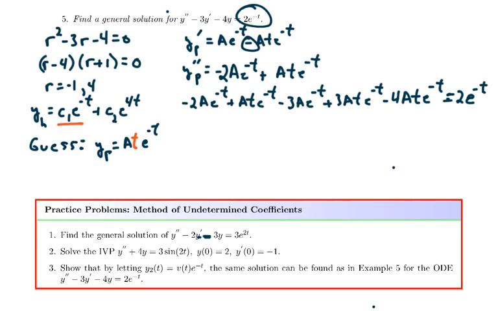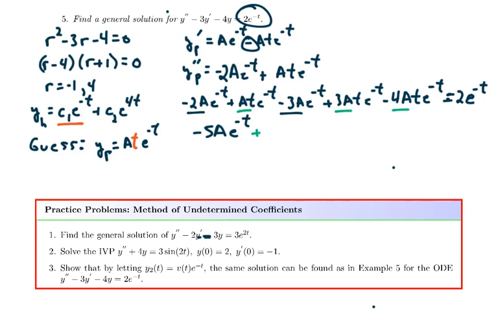Now I want to start simplifying the left-hand side. So for my e to the negative t terms, I've got negative 2a minus 3a, so that's minus 5a, and that is it. So that's going to be minus 5a e to the negative t. And then when I look at the t e to the negative t terms, I have 1a t plus 3 more, so that's 4a t's minus 4a t's, and so that's going to zero out.